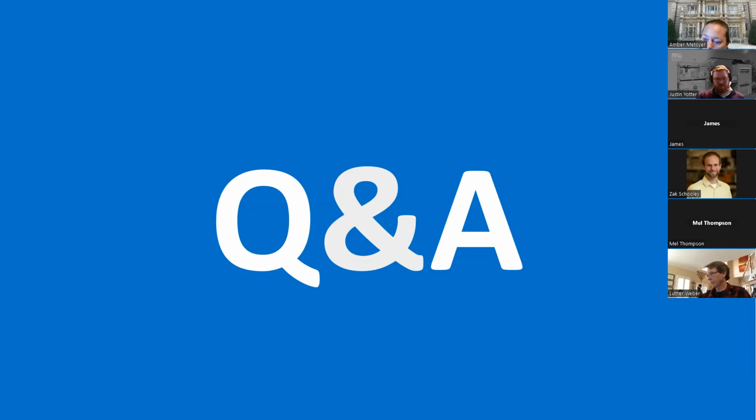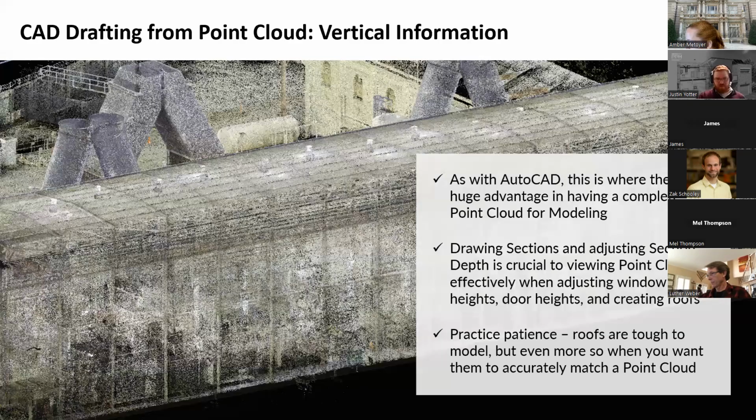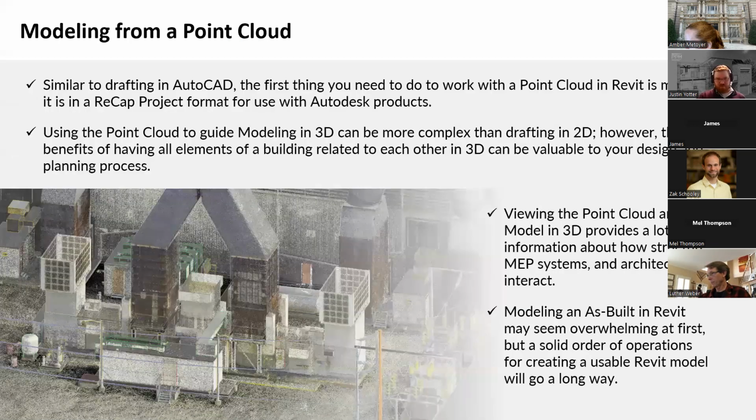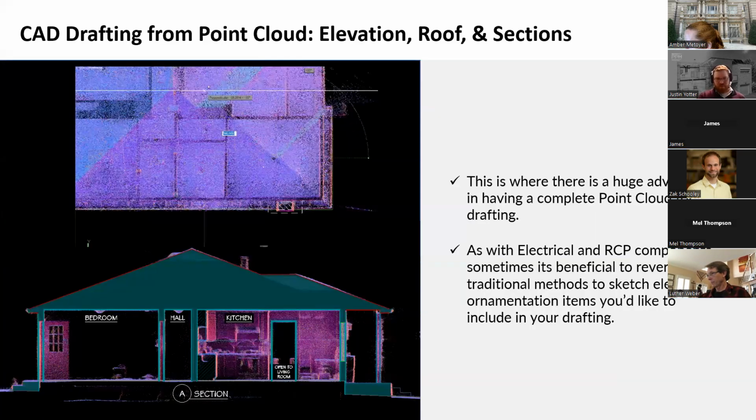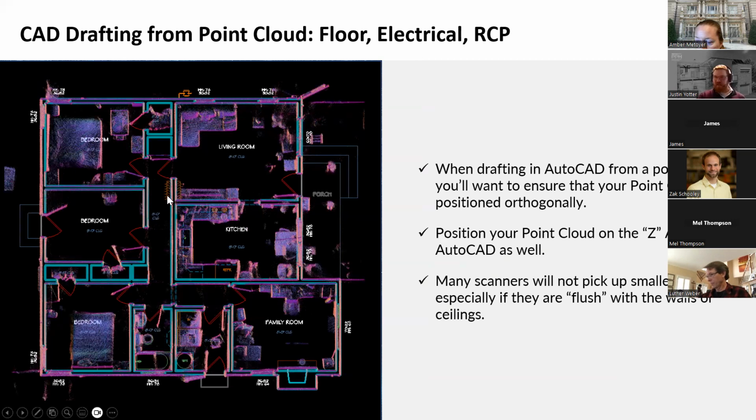If you remember, maybe I can actually just go back to it, but if you remember from the floor plan slide here in AutoCAD, you can kind of see the walls over the point cloud here.